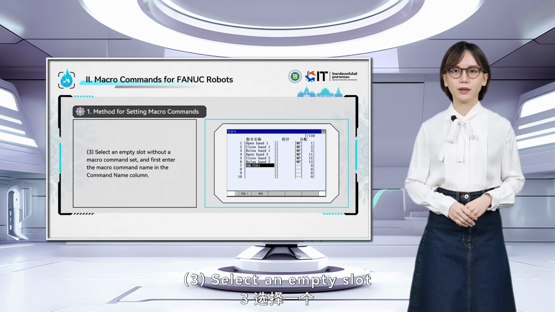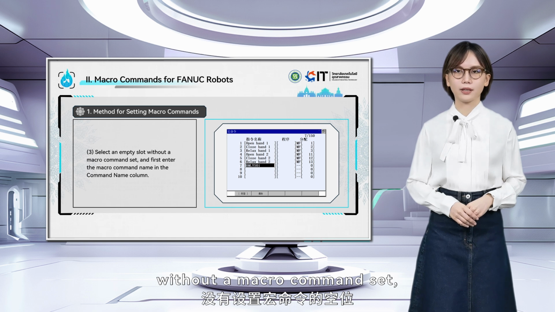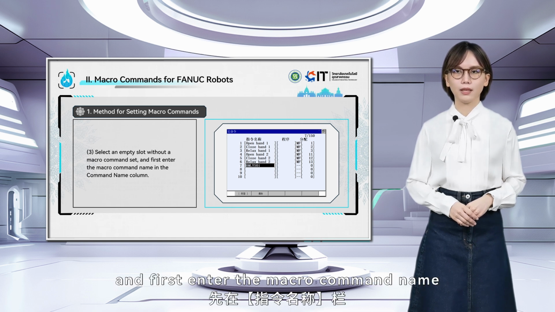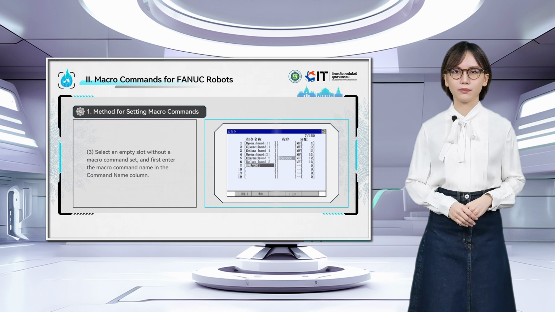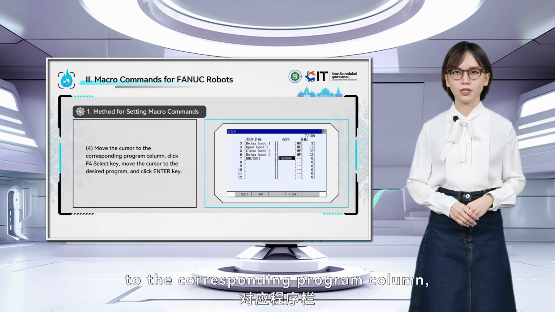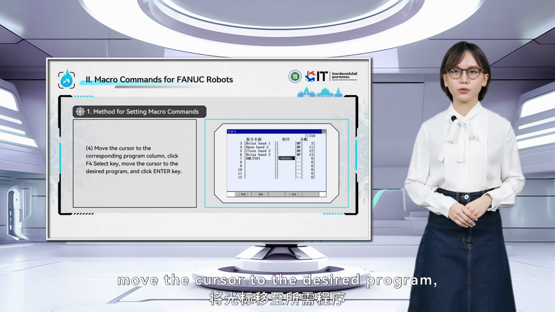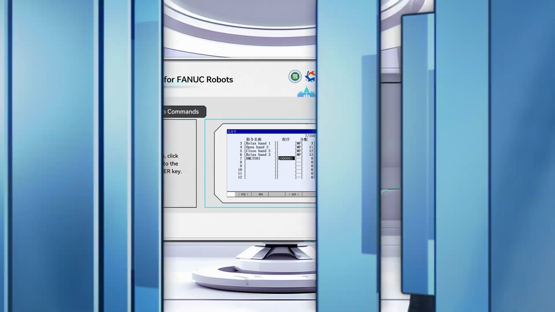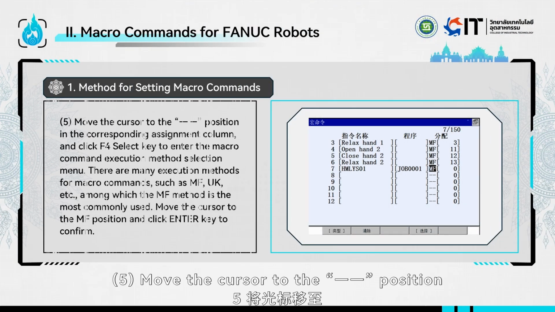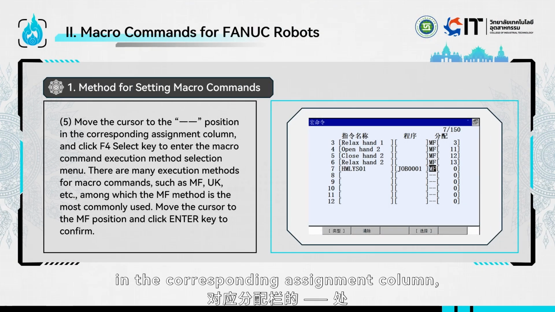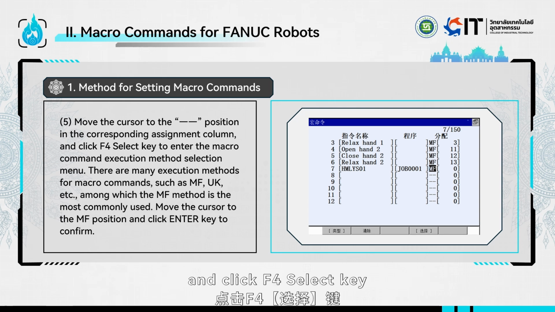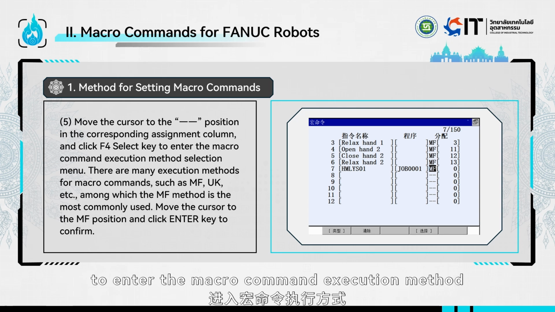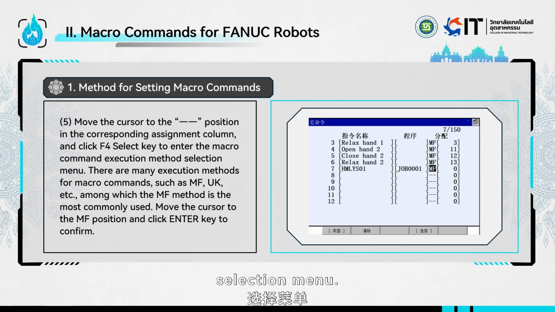3. Select an empty slot without a macro command set, and first enter the macro command name in the command name column. 4. Move the cursor to the corresponding program column, click F4 select key, move the cursor to the desired program, and click Enter key. 5. Move the cursor to the position in the corresponding assignment column, and click F4 select key to enter the macro command execution method selection menu.